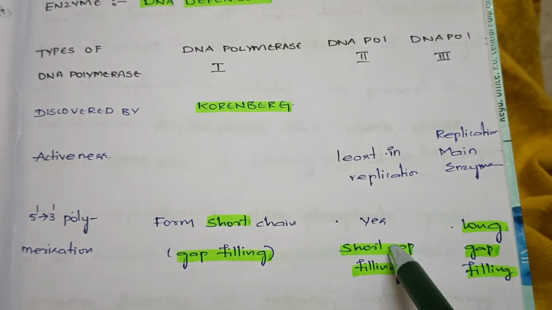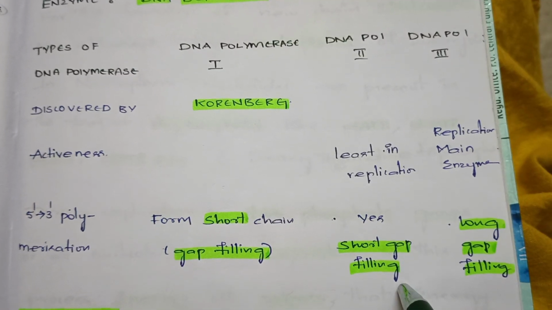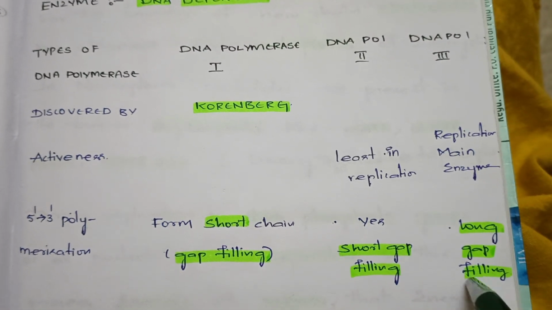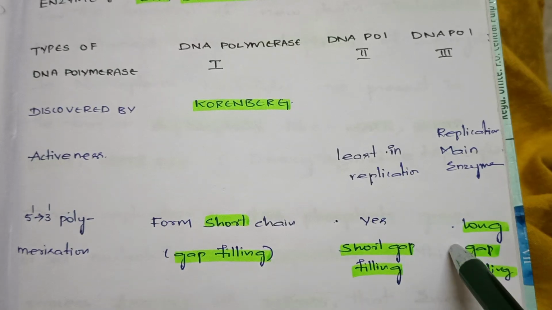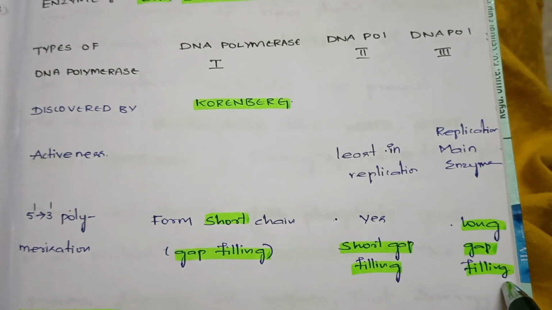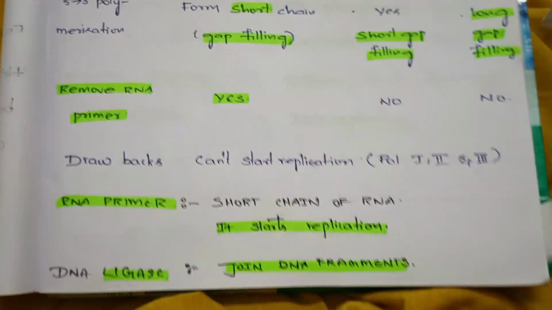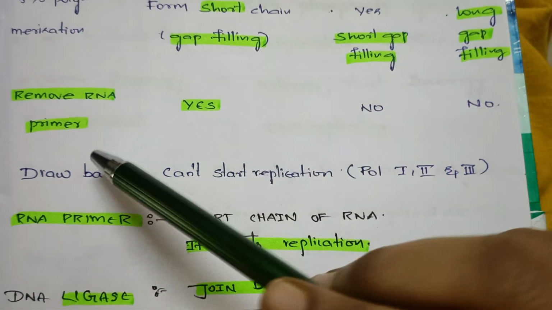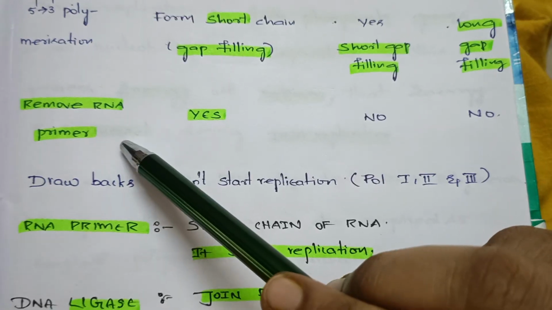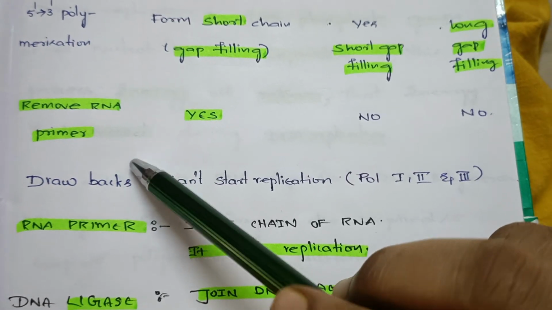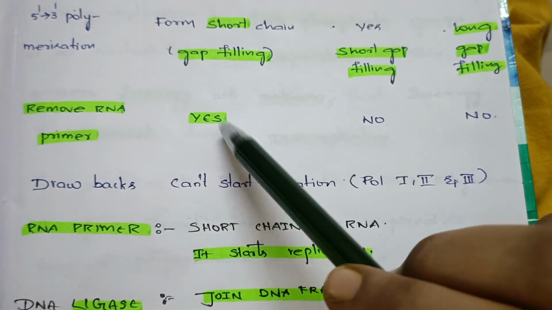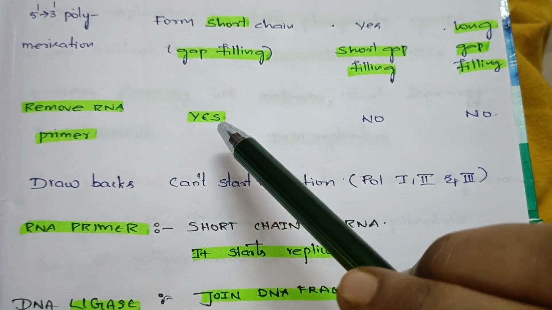Polymerase 1 and polymerase 2 only do gap filling work. But DNA polymerase 3 does long gap filling, meaning most of the work is done by polymerase 3. And we have to know which one is useful for removing the primer after completion of the replication. That is DNA polymerase 1.